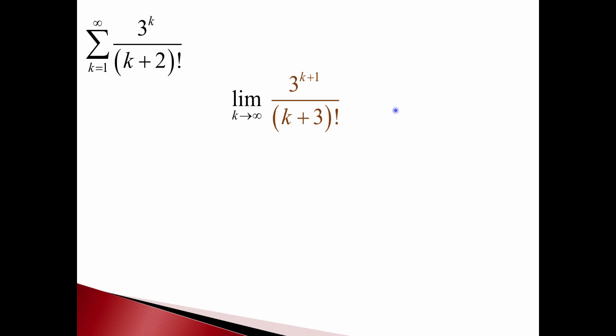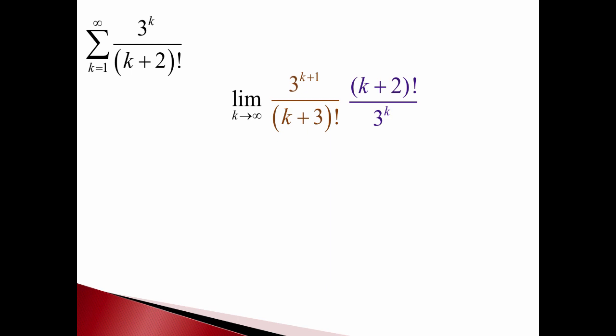So that's what I'm going to do just to start with. I'm just going to flip that original term and stick it over there. So instead of writing it twice, I'll have the k plus 2 factorial over 3 to the k. Again, that's just because I've flipped it out of the denominator, because that's obviously the first step in simplifying.